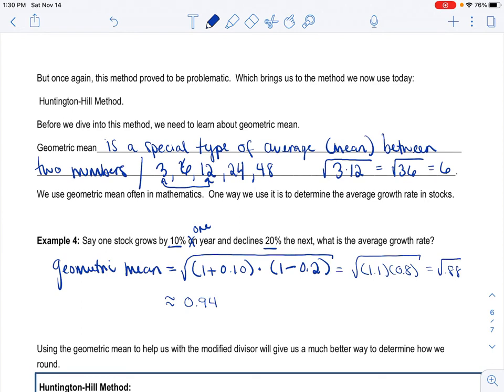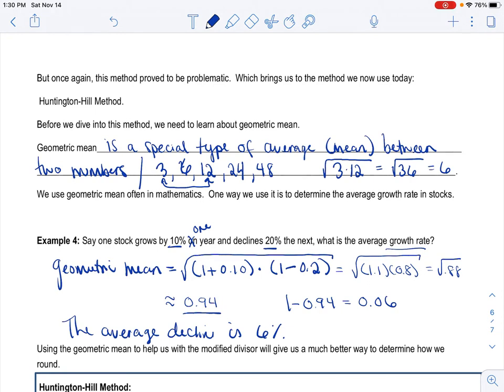Again, I'm just giving you more information on the geometric mean. Because this is less than 1, if I did 1 minus 0.94, I'd get 0.06. So what that's telling me is the average decline is 6%.